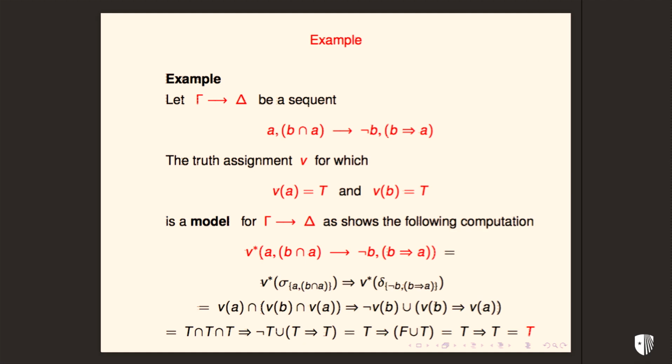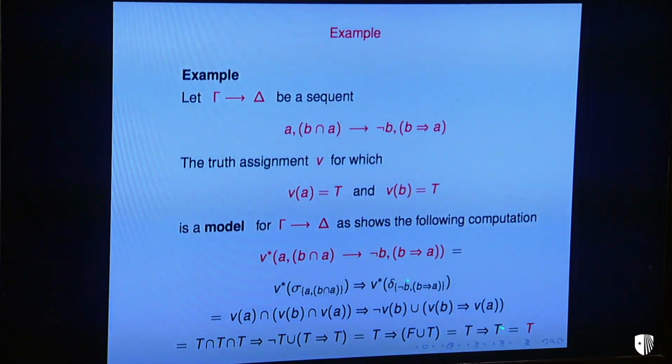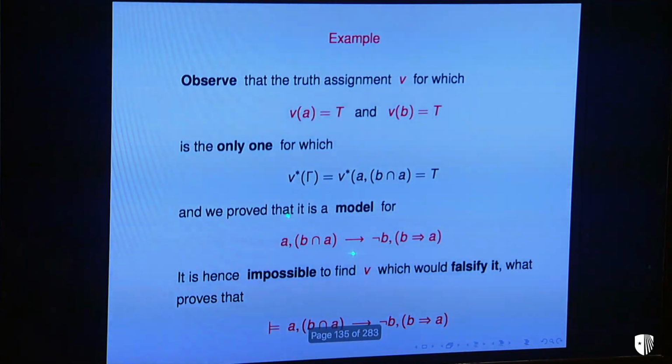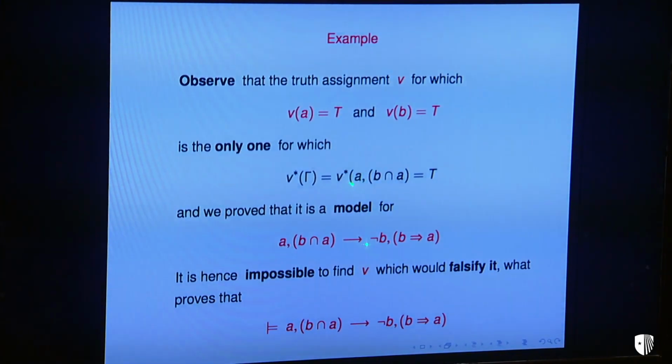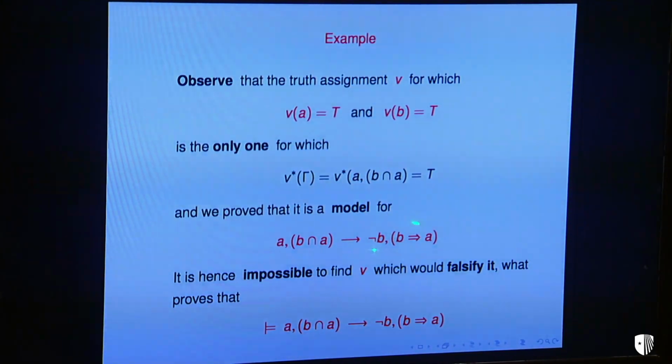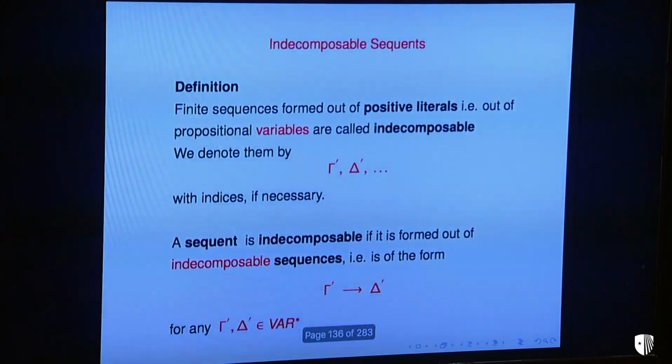And we know that an implication is false only if true implies false. So you can see that for this model it's impossible to falsify, because the other part would also always be true. So we prove that this is a tautology.